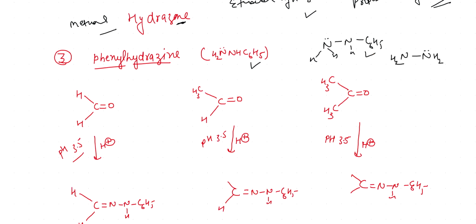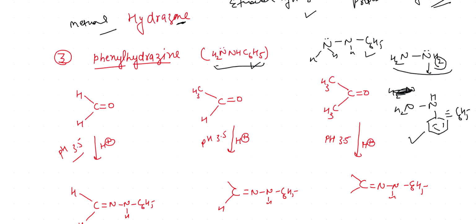When you replace one of the hydrogens with a phenyl ring, that is NH2, NH, and another hydrogen is replaced with a phenyl ring, that is C6H5, so this is your phenyl hydrazine. The simple one is hydrazine. When hydrogen is substituted with a phenyl ring, then it is called phenyl hydrazine.